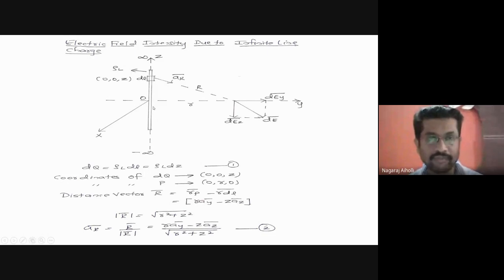We are supposed to find the electric field intensity due to this infinite line charge at this point P. This point P is the junction of this dz bar and dy bar, on the y axis here. So we have to derive the formula for the electric field intensity due to infinite line charge.